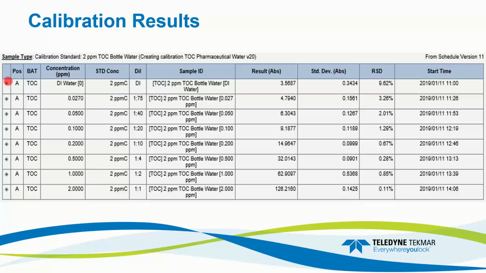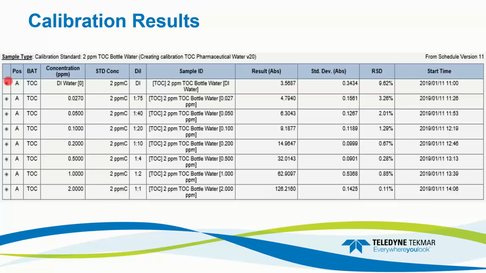So here's a part of the calibration results. Everything was run from a 2 ppm stock standard using auto dilution features on the system, and you can see the dilution scheme that it ran. It went from a straight sample, 1:1, all the way down to a 1:75. You see the precision percent RSDs are really good. All had less than 5% RSDs except for the 0.